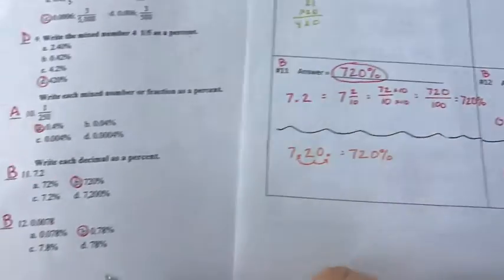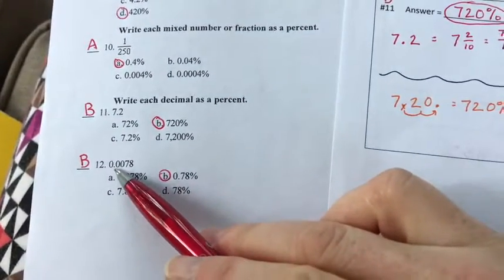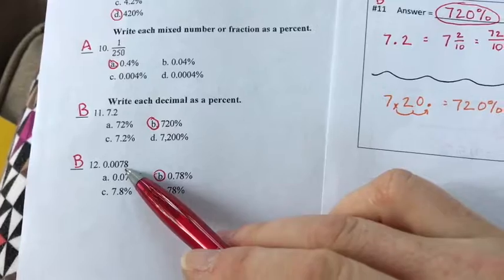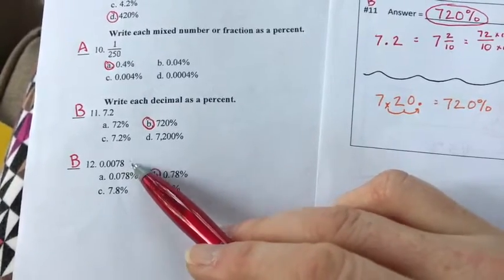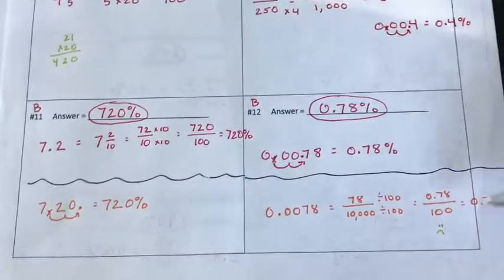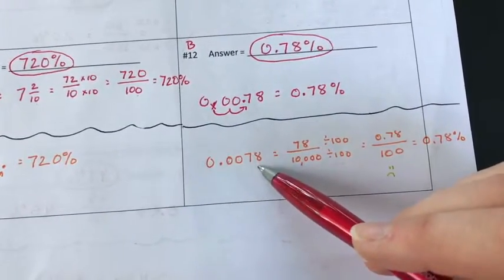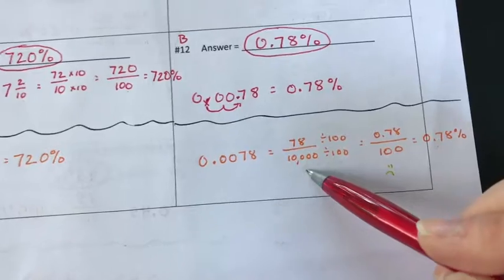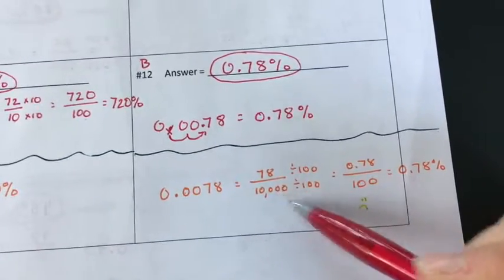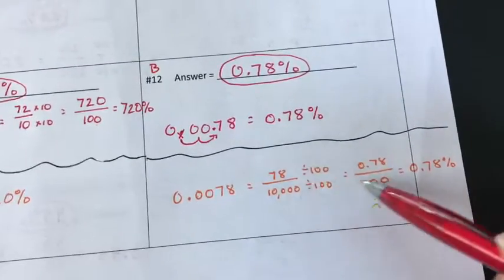And last but not least, number 12, 0.0078, we're turning into a percent. So this is that weird thing I was talking to you about. If you did say, okay, tenths, hundredths, thousandths, 10,000ths, this is 78 10,000ths. So to get 10,000ths to 100, I'd have to divide by 100.